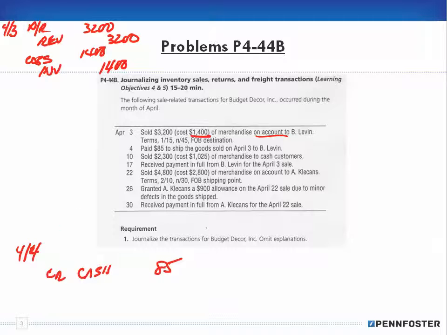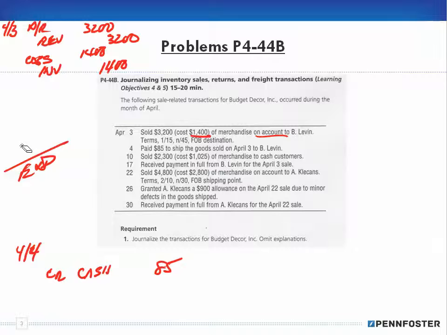Now, since it's a sale, we have to match our revenues with our expenses. So I would not associate this shipping with the inventory. We would if we were buying it to put into inventory, because that would be cost of our inventory. But when we make a sale, we also have to associate it with the expense. It's called the matching principle. We have to match our revenues with our expenses.